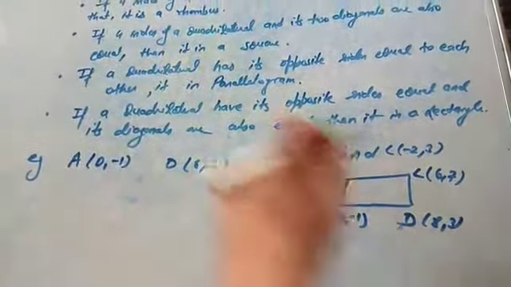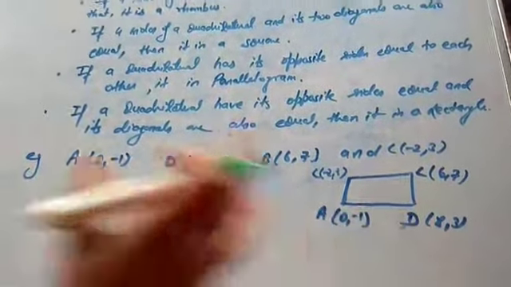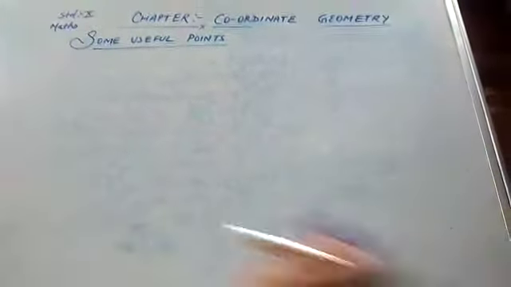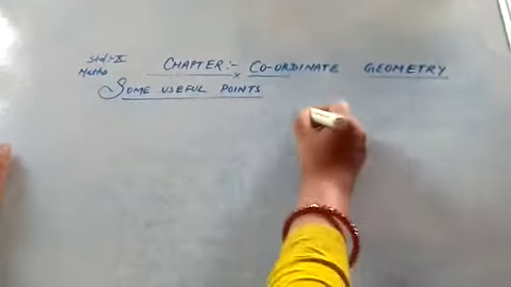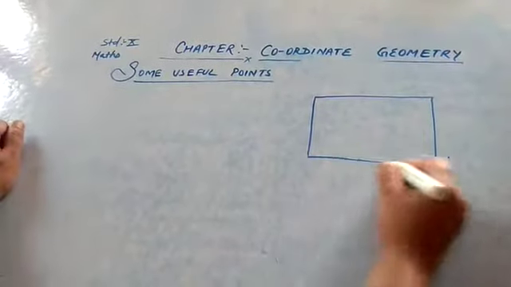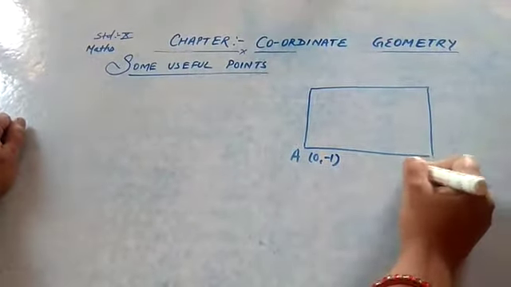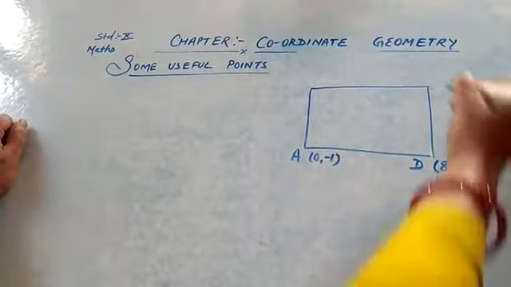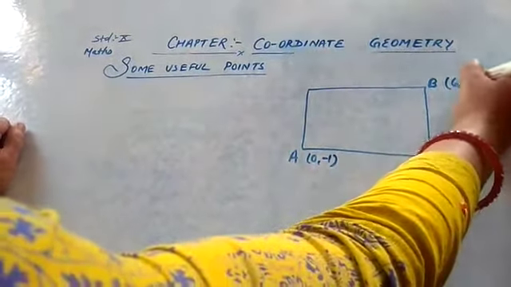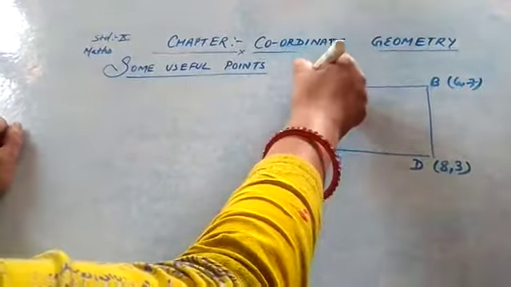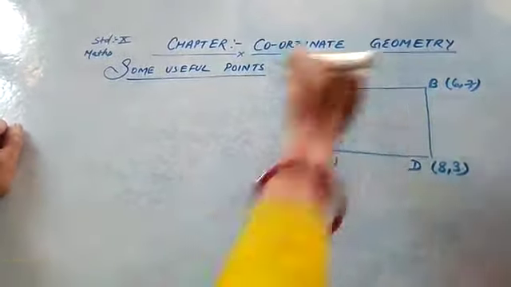So I think you have written this. So I am rubbing it so that I can explain this question. So here I am making once again the big figure. See, here it is given A (0, -1), D (8, 3), B (6, 7) and C (-2, 3).